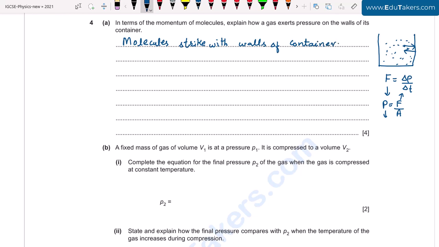Momentum of molecule changes. And we know that F is equal to rate of change of momentum, delta P over delta t. So the molecule exerts force on the wall.